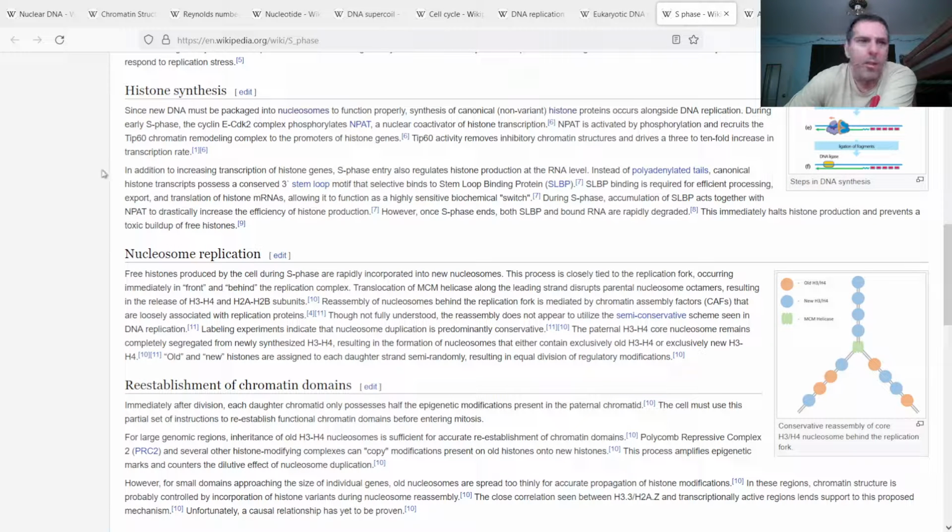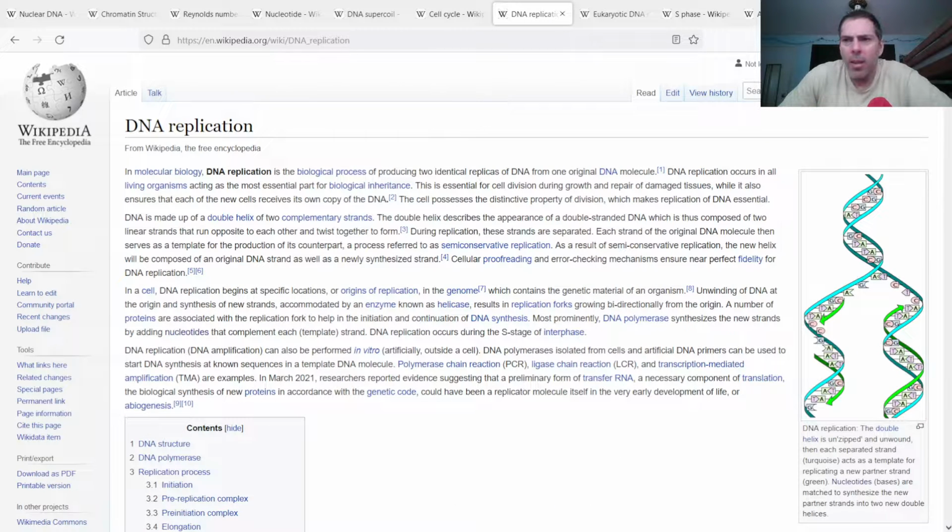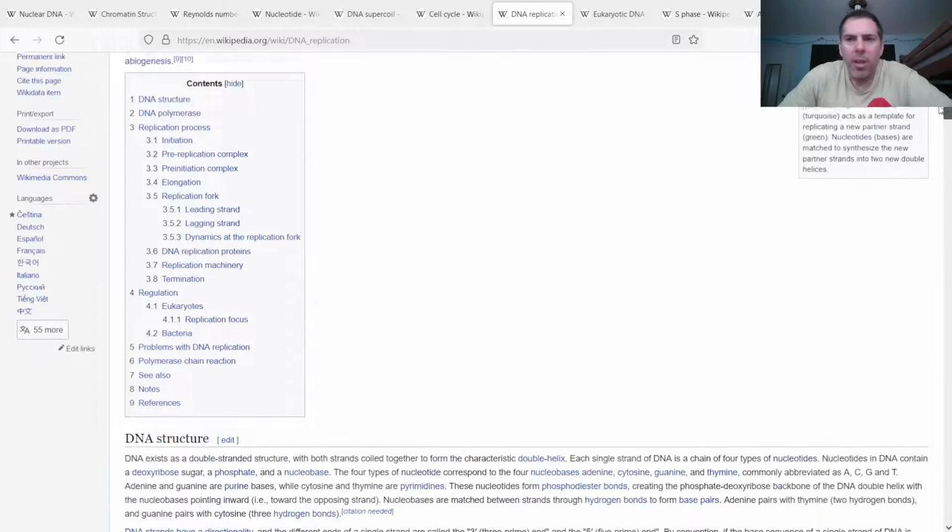So this is just reiterating that. S phase has histone synthesis and nucleosome replication needed to duplicate the entire chromatin that condenses into the chromosome during mitosis and meiosis.